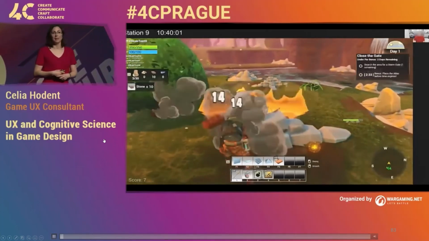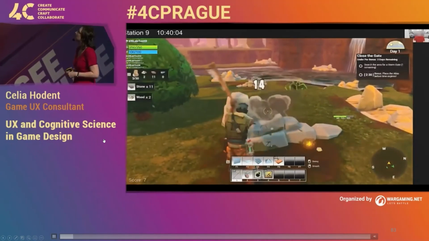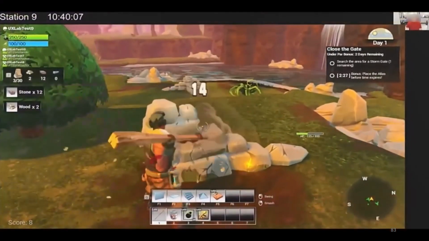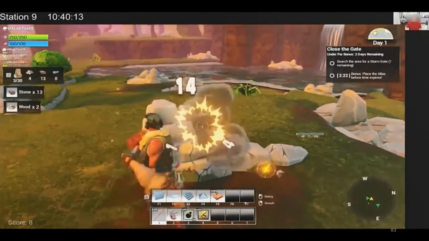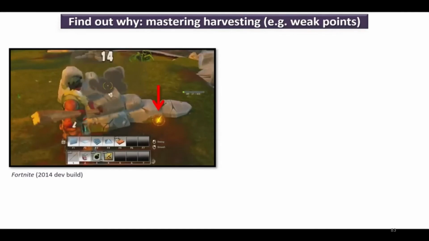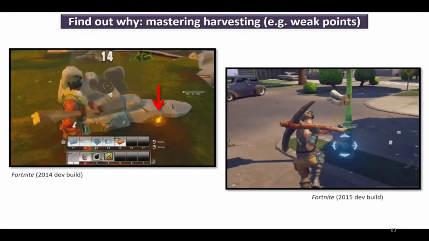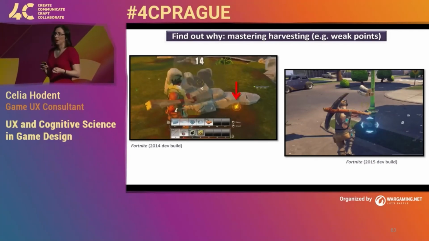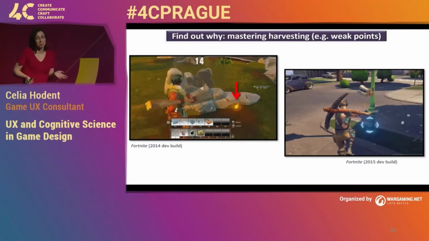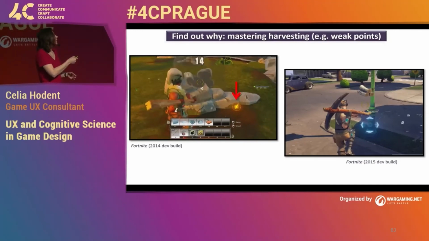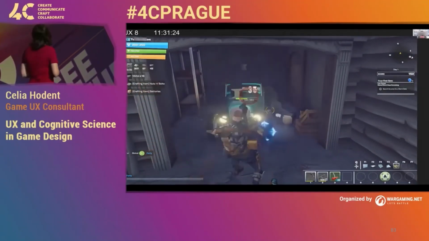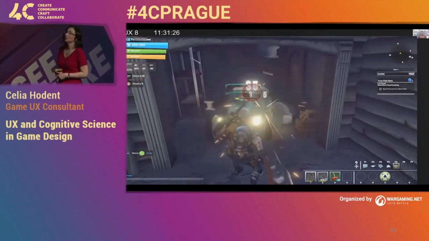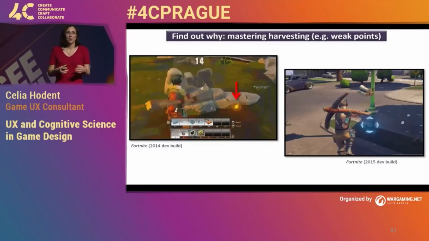Ignoring this completely, so they were not aiming at it. And this is a problem because if the system design is based on the assumption that players are going to use these weak points, then if they don't use it, of course, it's going to take more time and feel super grindy. So we can iterate on it to make it more obvious, because players, when I was asking them what is this, they were like, I don't know. And so they iterated a little bit on it, so now it's more popping out. And so this is what we observed. We're hoping that players would aim at it. And they don't. And like, what's going on? And we were asking players, so what is this?